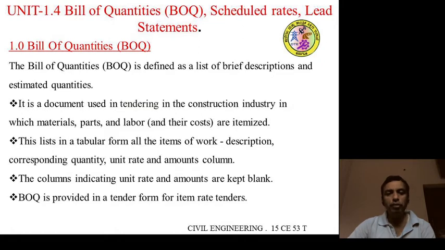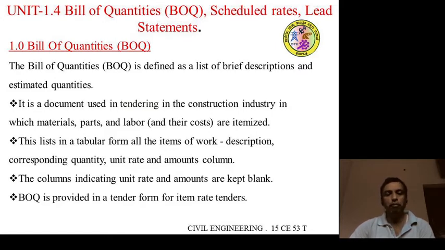But this document will not show the detailed quantity of each item. That means it will not show the length, breadth, depth of each item of work. It simply shows, for example, earthwork excavation for foundation in soft soil in the description, and then it directly gives the total quantity of excavation.